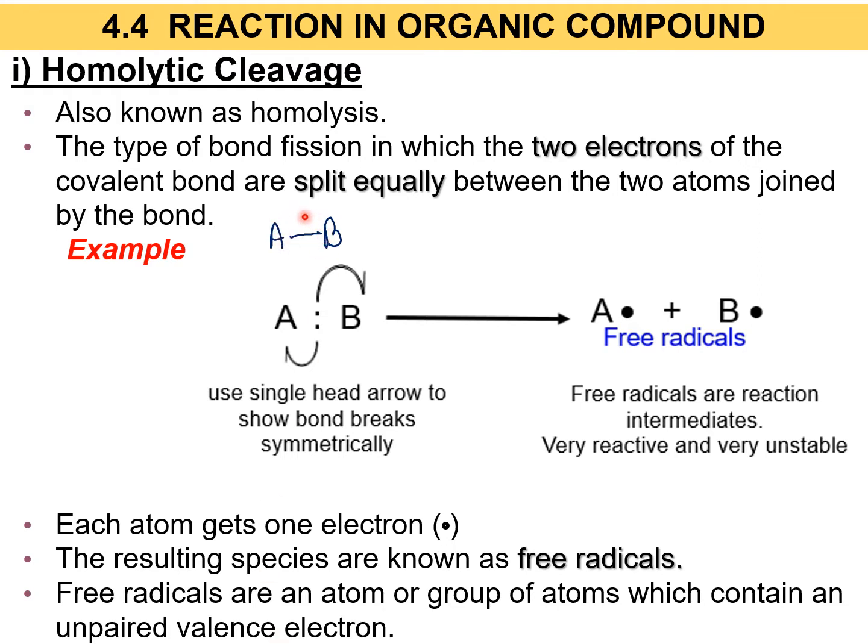You know that in covalent single bond ada dua electrons. Okay, so apa yang berlaku bila dia nak break the bond, kalau melalui homolytic cleavage ni, apa yang berlaku ialah the two electrons will be splitted equally between the two atoms joined by the bond.